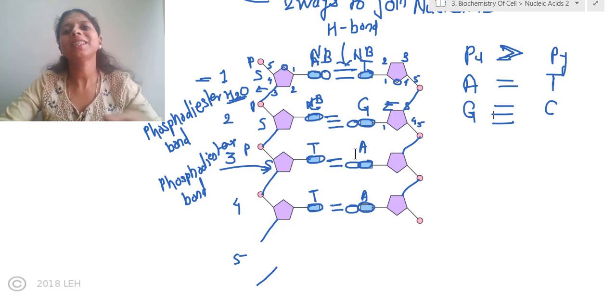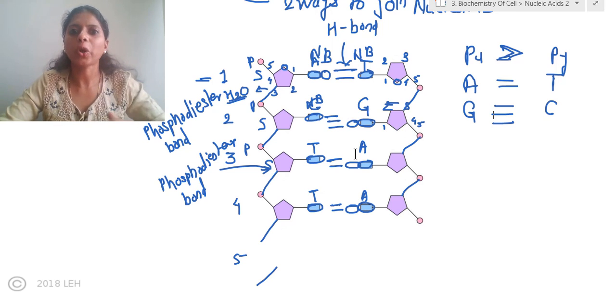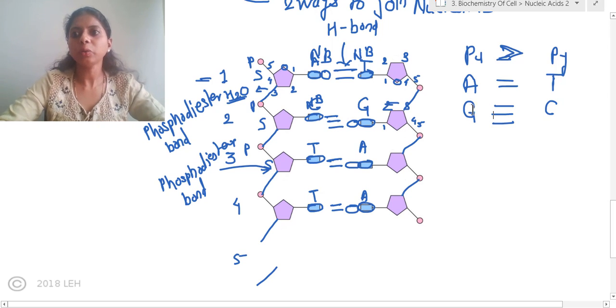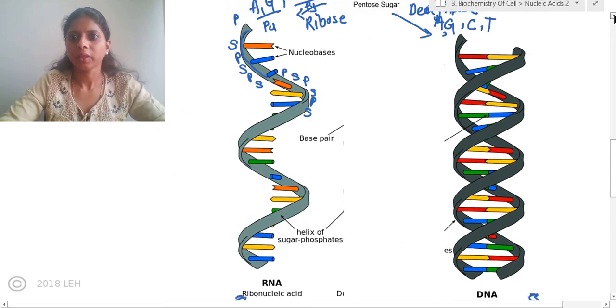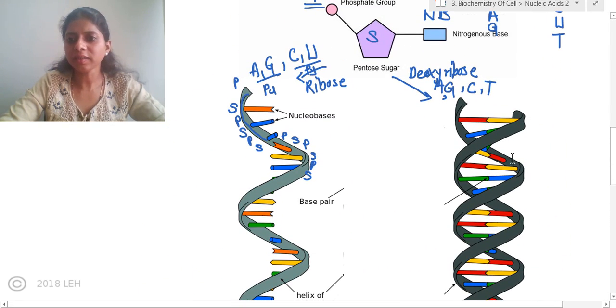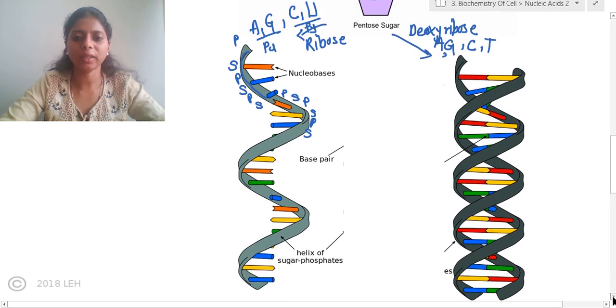So there should be a second way of joining nucleotides, because 2 strands should be in front of one another. See this structure. You can see one strand of DNA and in front of it another strand of DNA. Got it? So 2 strands should join to one another. Agree?